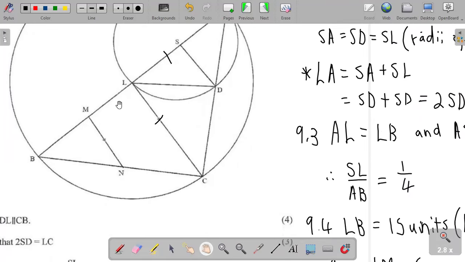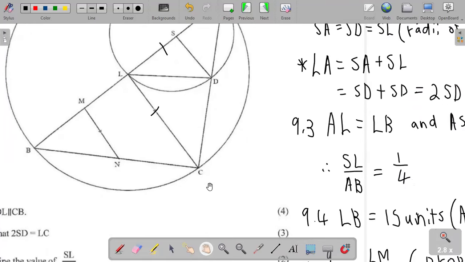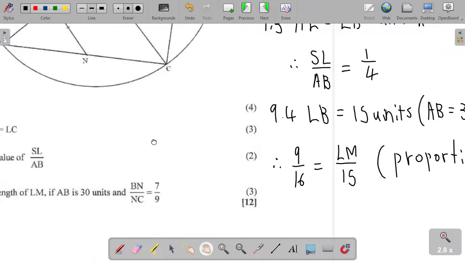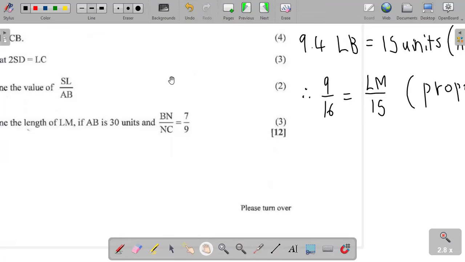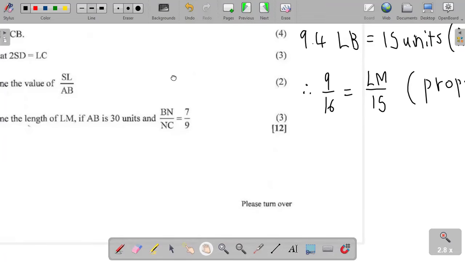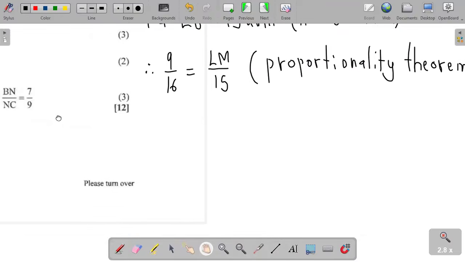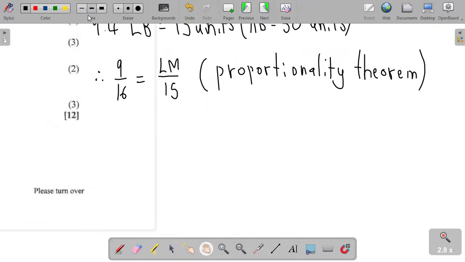LM over LB will then be equal to NC over BC, because of the proportionality theorem. Then from there we can find LM.